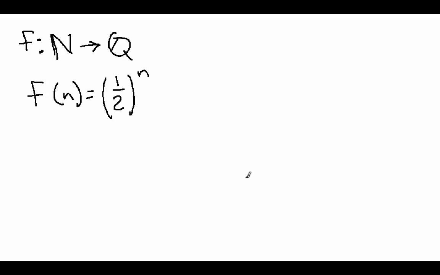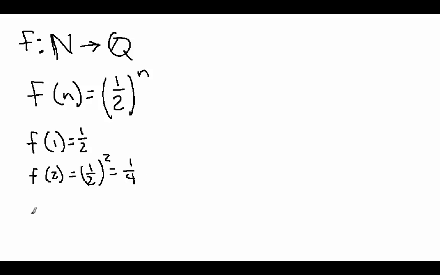to the n. Notice that everything that goes in here, 1, 2, 3, 4, on and on and on, I map it to this over here, so that f of 1 is equal to 1/2, and f of 2 is equal to 1/2 squared, and f of 3 is equal to 1/2 to the third, which is equal to 1/8.